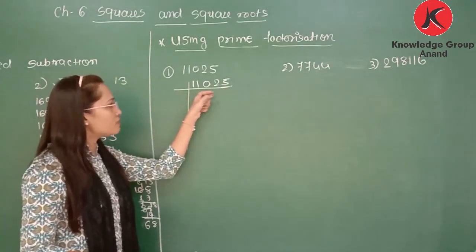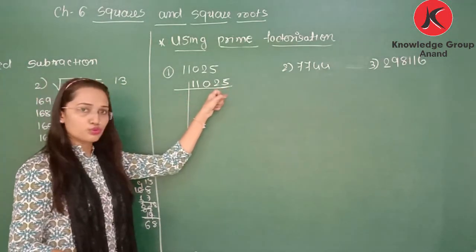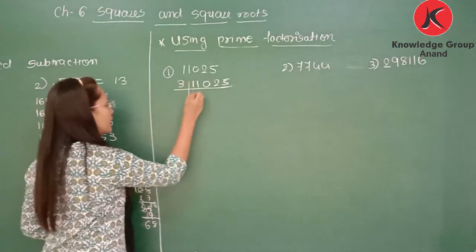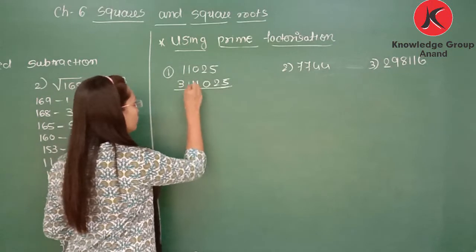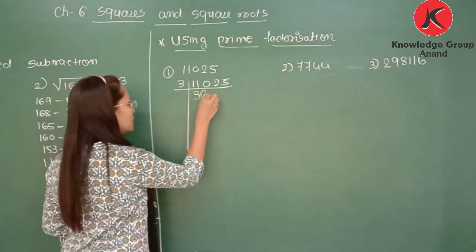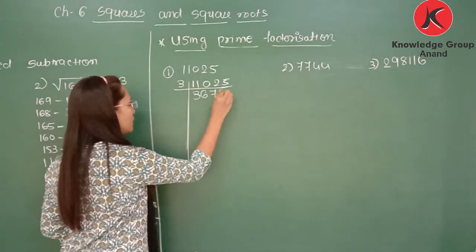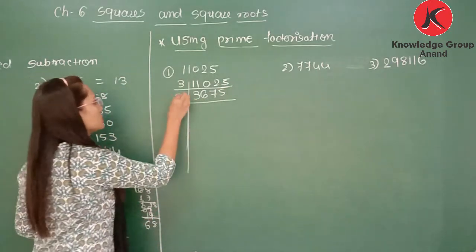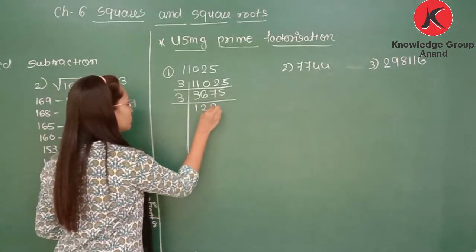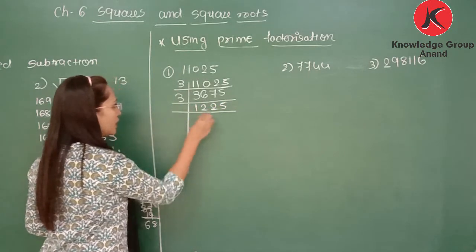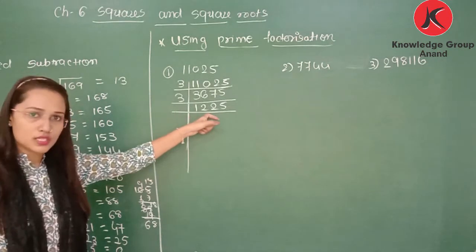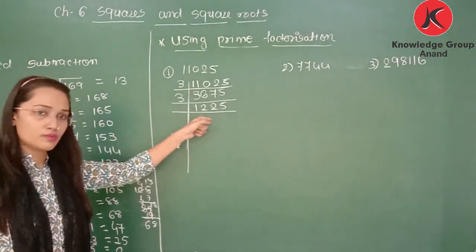This number is divisible by 3, since the sum of digits is 9. So yes, it is divisible by 3. 3 3s are 9, 3 6s are 18, 3 7s are 21, 3 5s are 15. Now check if this number is divisible by 3. Yes. Again, is this number divisible by 3? No, because the sum is 10. Now check if this number is divisible by 5.